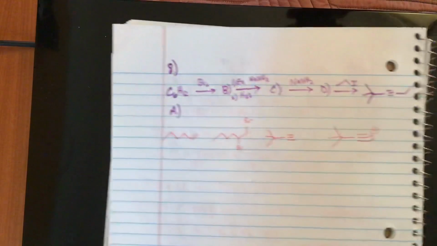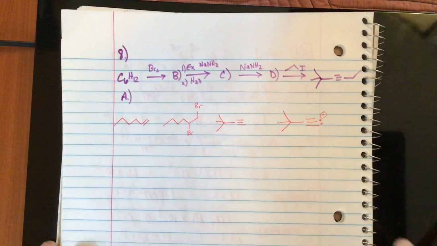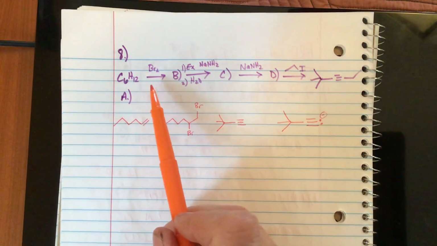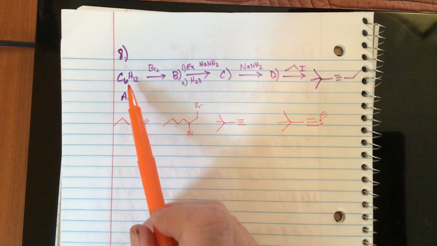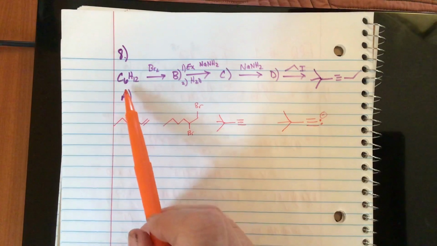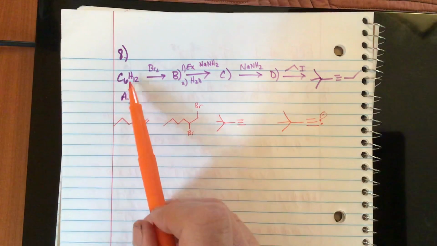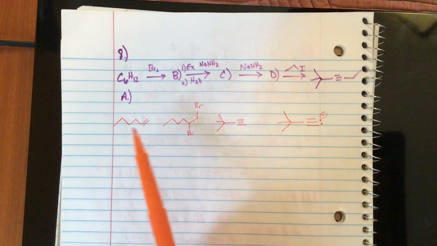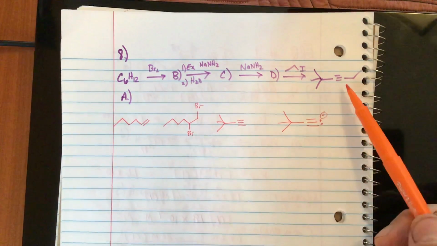Number 8, the last question. You've got this sequence here, and what they want us to do is fill in the picture for the different molecules. Starting with C6H12, actually this is what we had to end with, so I thought it was easiest to work our way backwards from here.